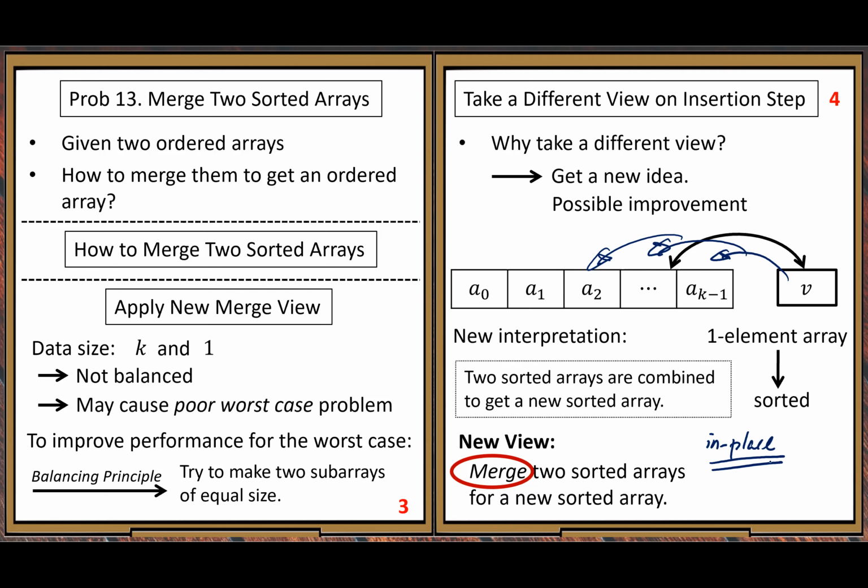Try to make two subarrays of equal size. When you have the freedom to do it, then you should do it in a balanced way. If you do not have the freedom, then you just take whatever you have. But here, it looks like we have the freedom to choose how to split our data.